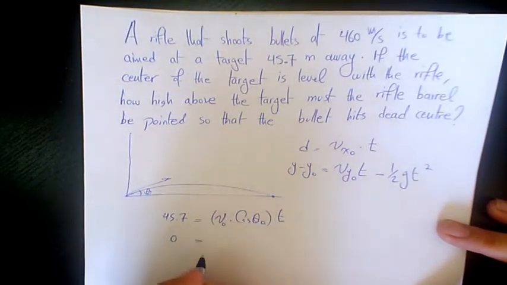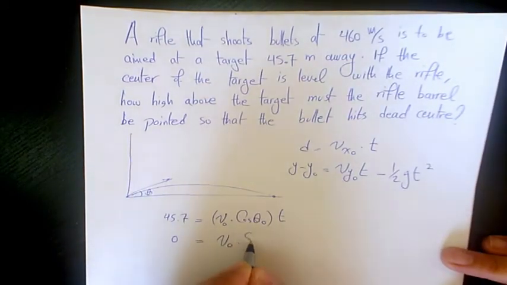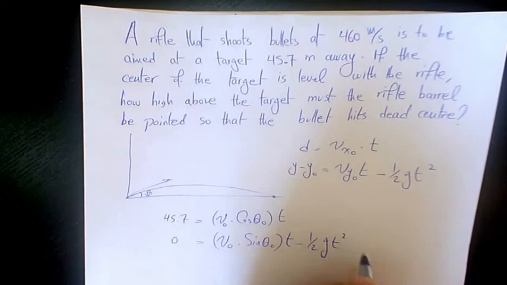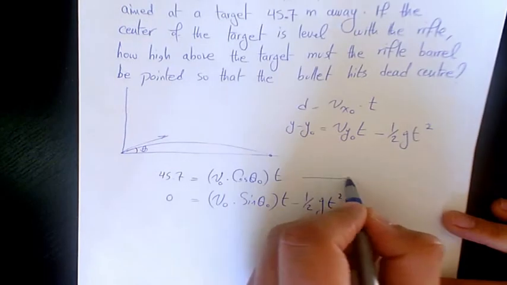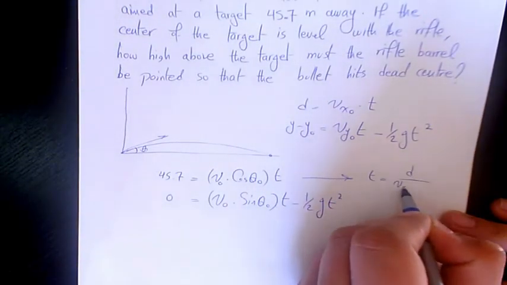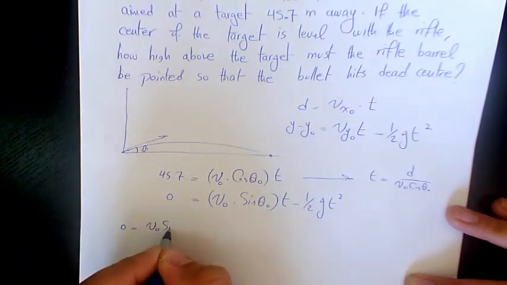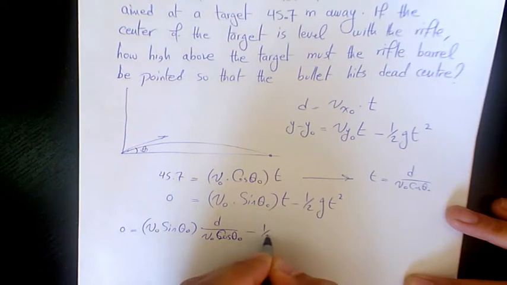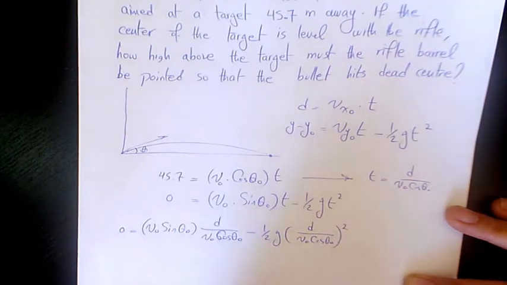because the initial height and final height are going to be the same. So we can say that's going to be v_0 sine theta_0 t minus 1/2 g t squared. From the first equation, I'm going to say t equals d divided by v_0 cosine theta_0. Then we can sub it in here. So it's going to be v_0 sine theta_0 times d divided by v_0 cosine theta_0, minus 1/2 g times d over v_0 cosine theta_0, to the power of 2.